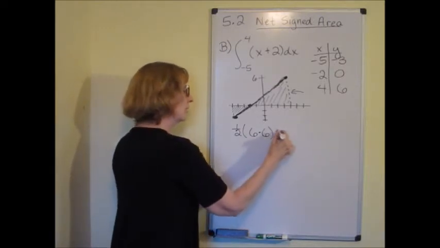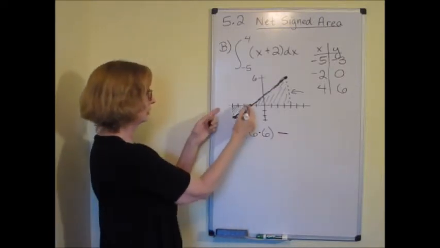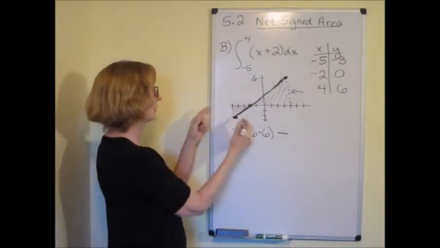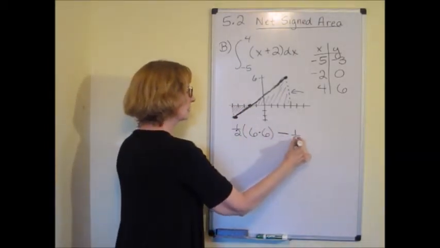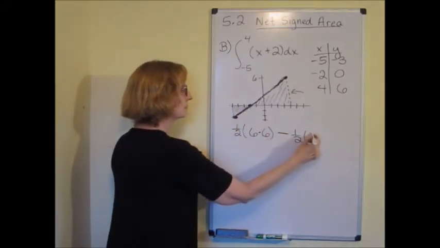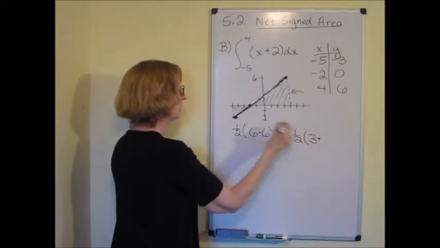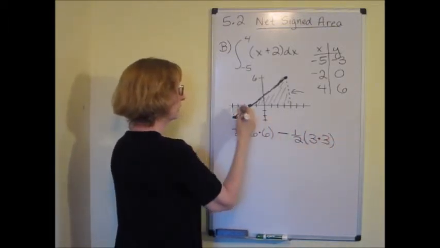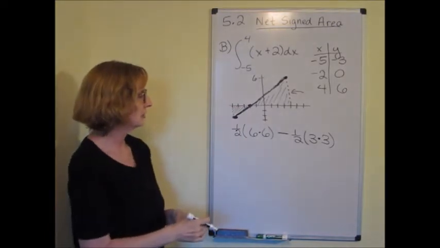And then I'll say minus, and then the triangle underneath here, this little triangle that's below the x-axis, is going to be 1/2. The base here is 1, 2, 3. And the height is also 3. Just use positives here. We're just finding these areas of the triangle.